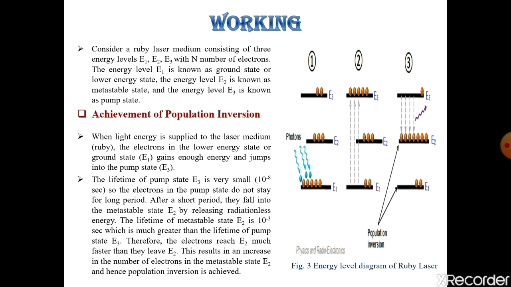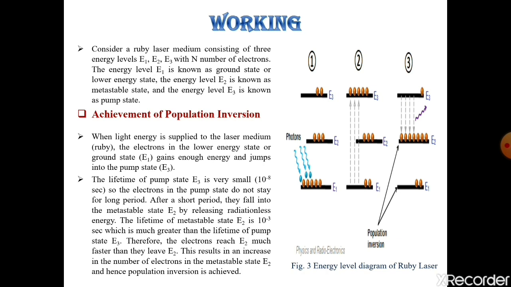The lifetime of pump state E3 is very small, so the electrons in the pump state do not stay for a long period. After a short period, they fall into the metastable state E2 by releasing radiation-less energy.